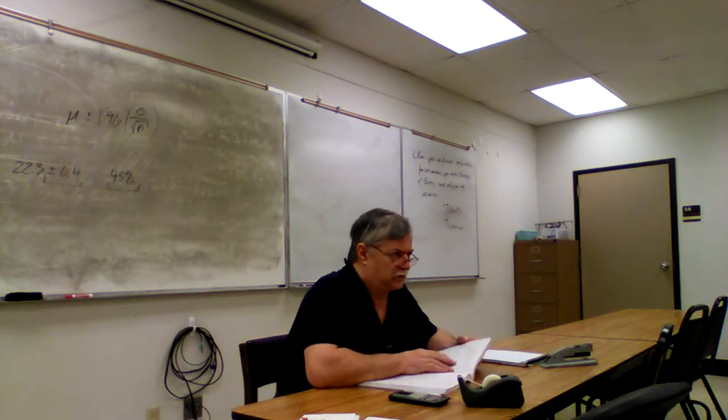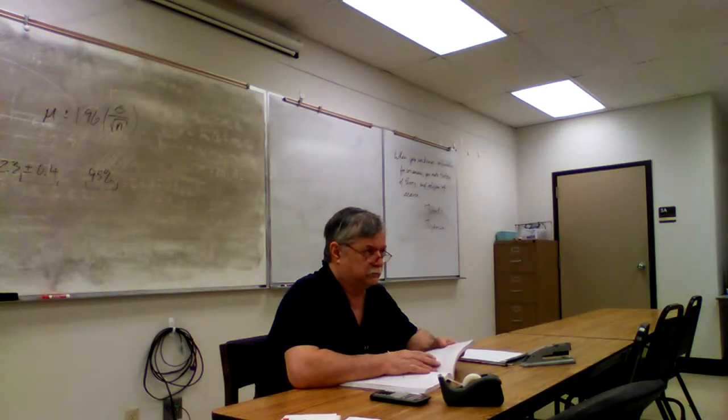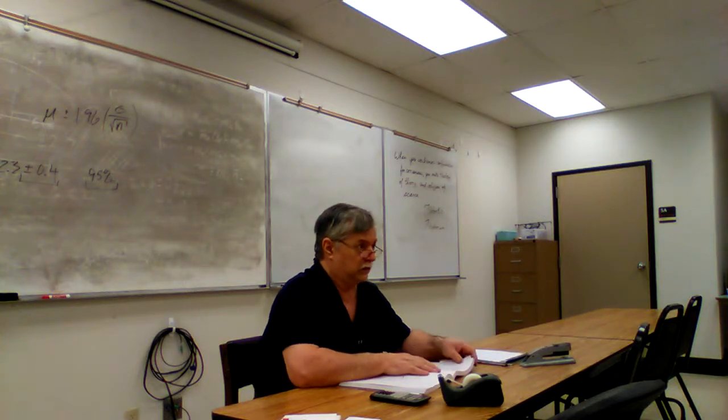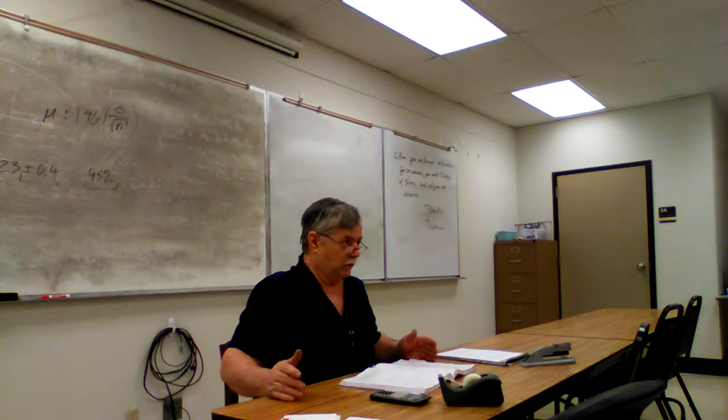What does that tell us about the confidence interval? What is our confidence interval? It's 90, no, our confidence level is 99%. Our confidence interval is plus or minus 12.1.